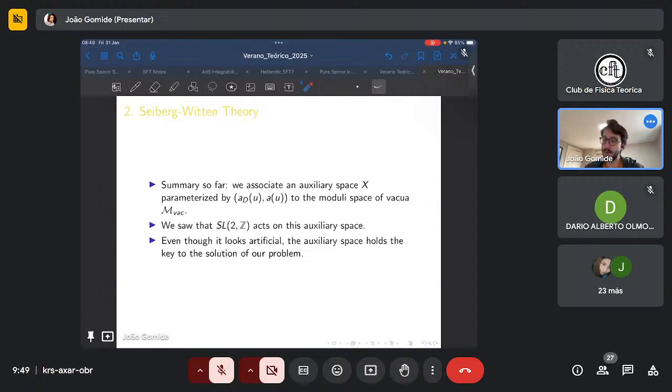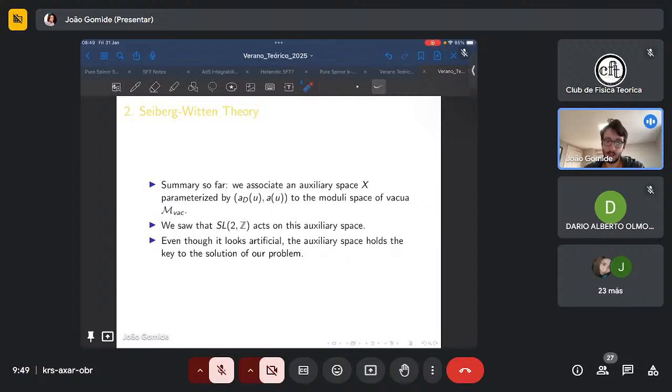So yeah, basically this is the summary. We have the moduli space of the theory parameterized by u. u is not a global coordinate. We can build this auxiliary space, call it X, which is parameterized by a_D and a.